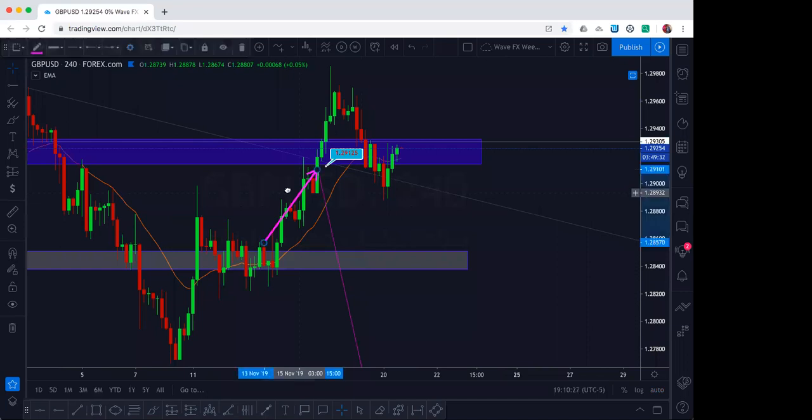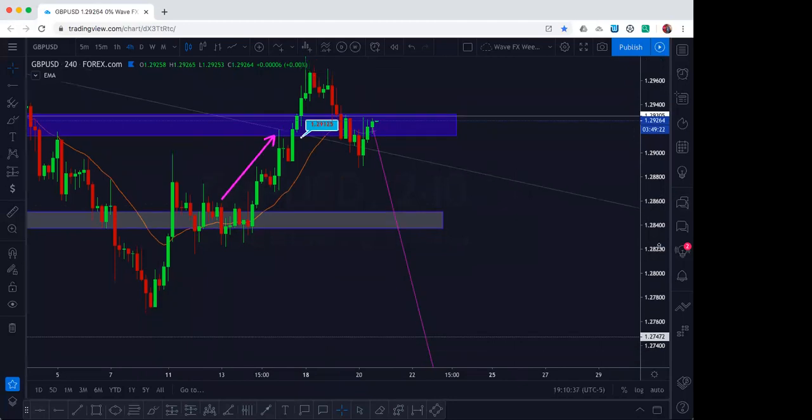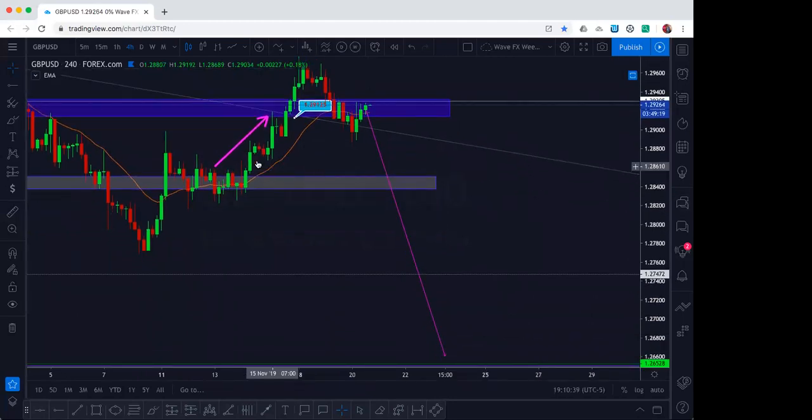This is where we were last week. We're saying that we want to see price action in and around this area, and then from here we can look for the market to head down, citing continued strength out of the dollar. That's pretty much all we're looking at.